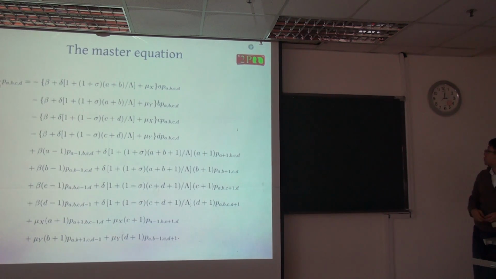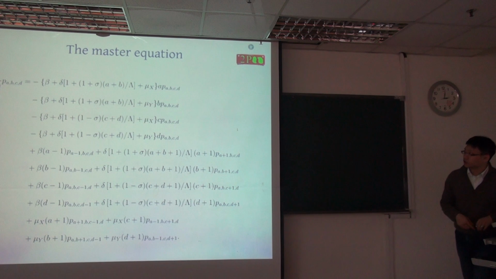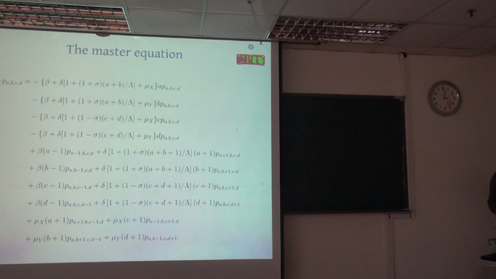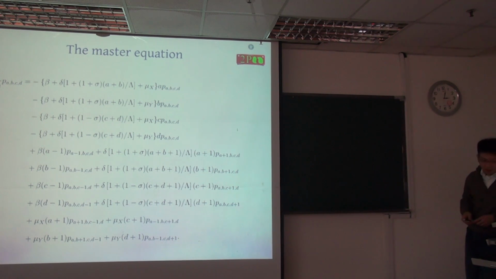Due to the time limitation, I'm going to walk you through our derivation, which might be dry, I won't say hard, but very tedious. I'm only going to talk about the two-patch model so that I can list all the equations.